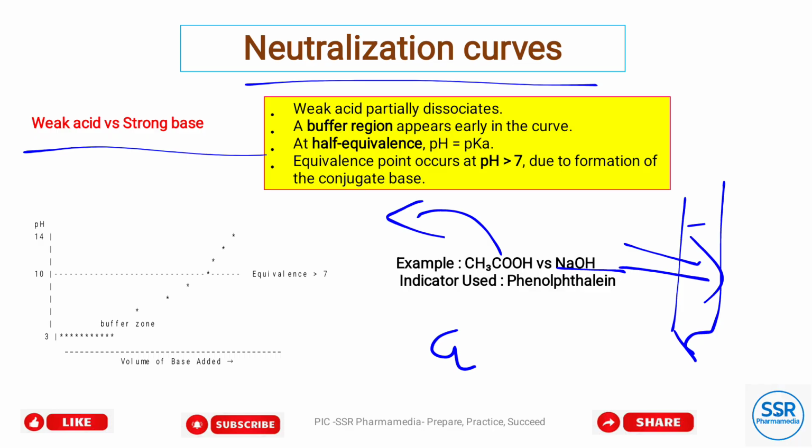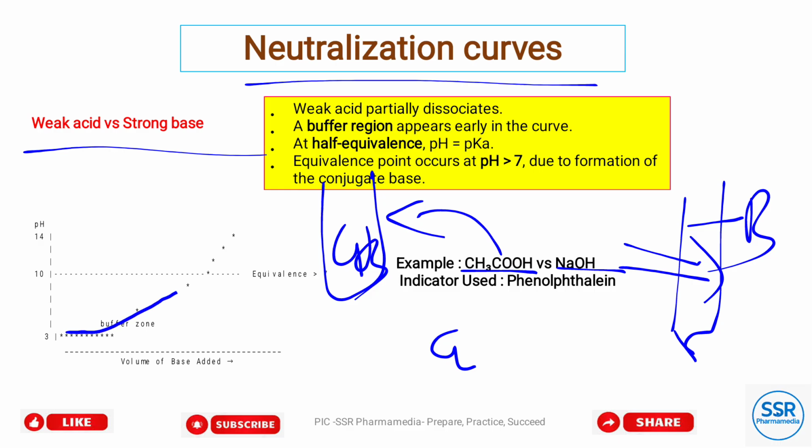Sodium hydroxide is taken in the burette and acetic acid is taken in the conical flask. It's a weak acid and a strong base. Initially the pH of the acetic acid is low, an acidic pH. When adding NaOH, the pH of the solution rises slightly, and after the endpoint it goes into the steep region.